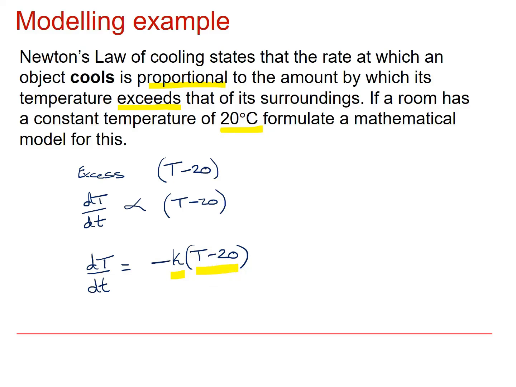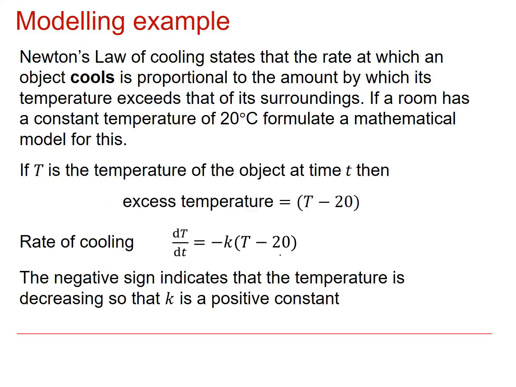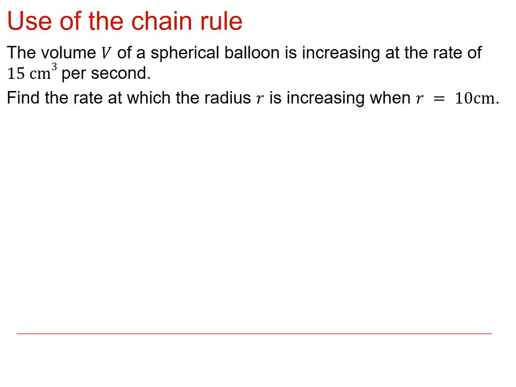So I'm going to put a minus sign in front to indicate that this is going to be a rate of cooling. There's that just written out neatly for you. There's the excess temperature, and there's the rate of cooling there. And a reminder that the negative sign indicates the temperature is decreasing and keeps k as a positive constant.